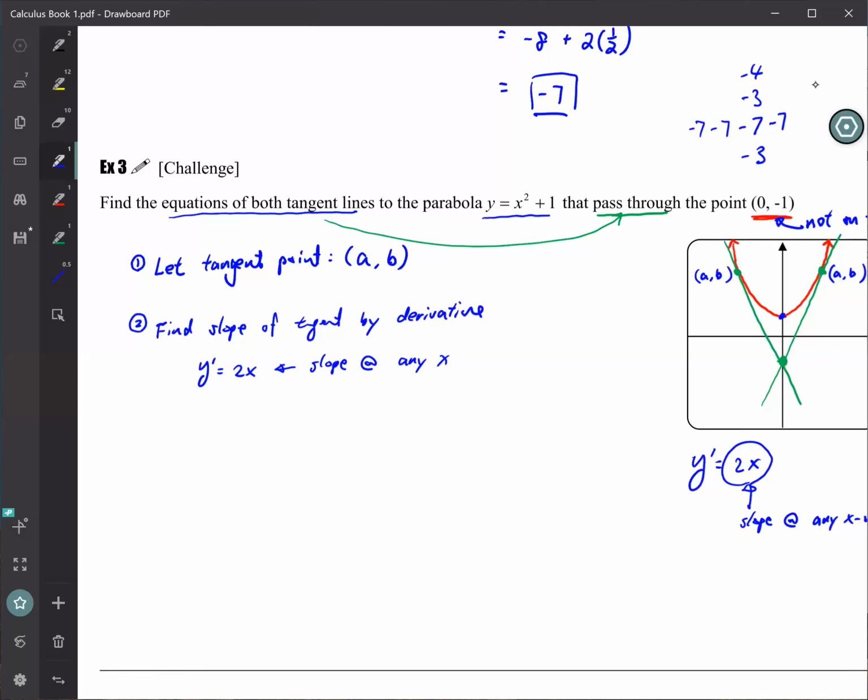Okay, but then I'm interested in the slope at AB, right? So find the slope of tangent by derivative at AB. So I'm going to sub in A. So y prime of A will be 2A.